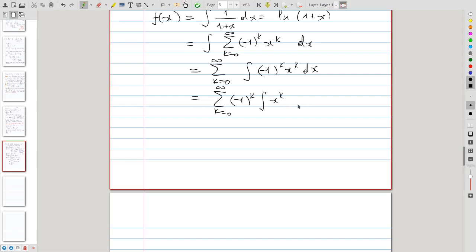And the integral of x to the k dx is simple, right? This is simply the integral of a power function. So we end up with the following series.